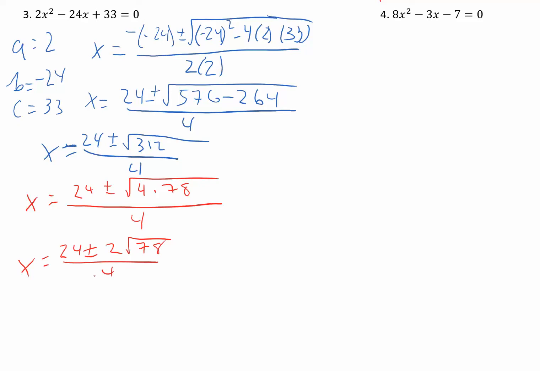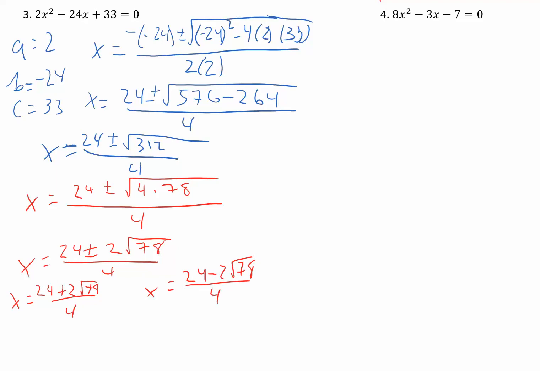Okay, so then here, what you need to do is separate your answers out. So we get x equals 24 plus 2 rad 78 over 4, and x equals 24 minus 2 rad 78 over 4.